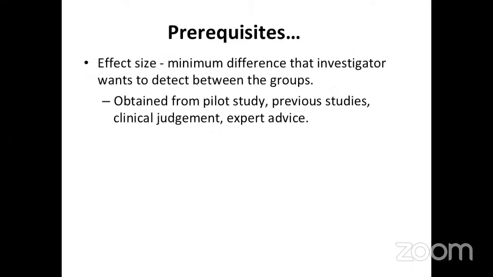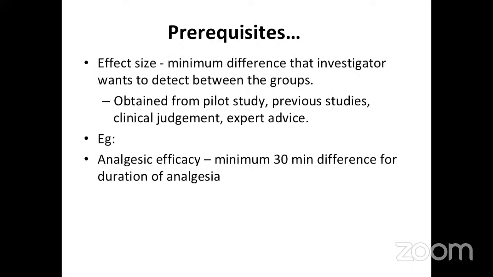And effect size, already I told. Effect size can be obtained from a pilot study, previous studies, or using clinical judgment. Here is the role of the guide. The guide can clearly help the student in determining the effect size, because that will go a long way in calculation of the sample size.